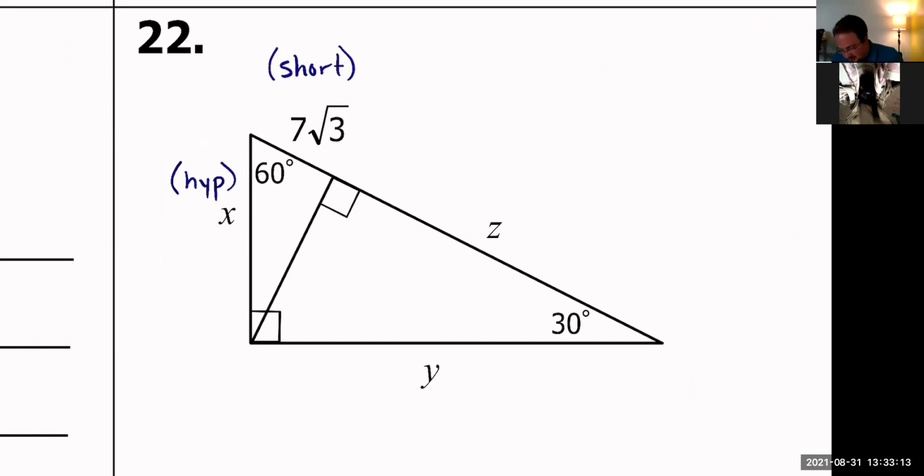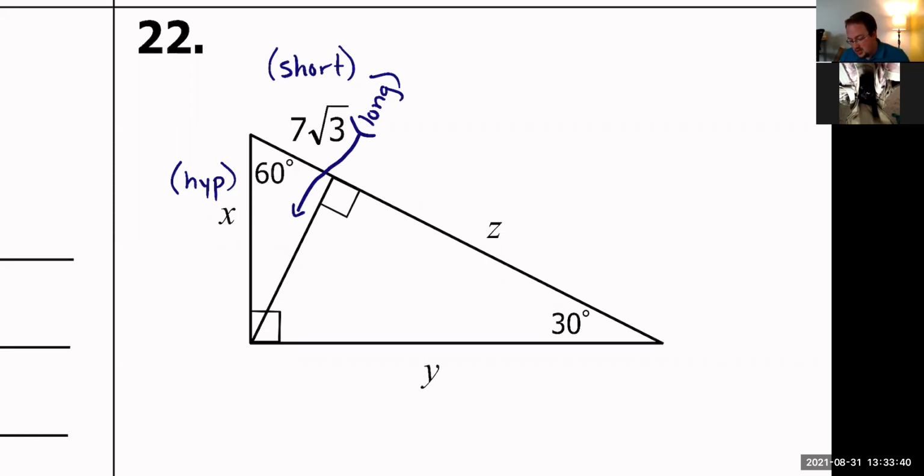And although it doesn't specifically ask for it, technically then that other leg would be my, what would that be, my long? Oh, how am I going to do this one? Because I'm going to actually evaluate that one as well.